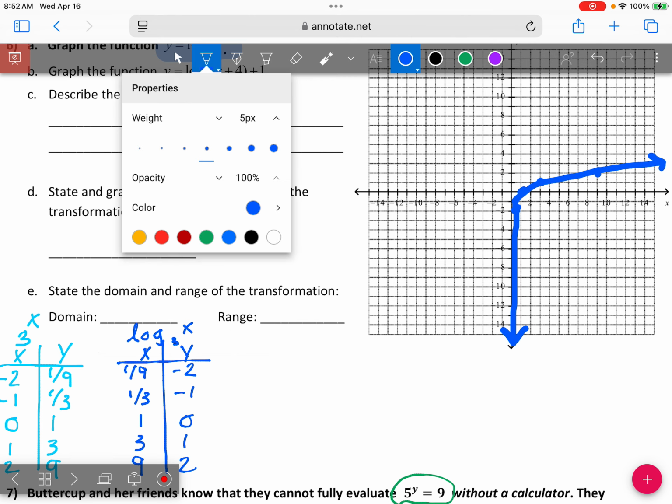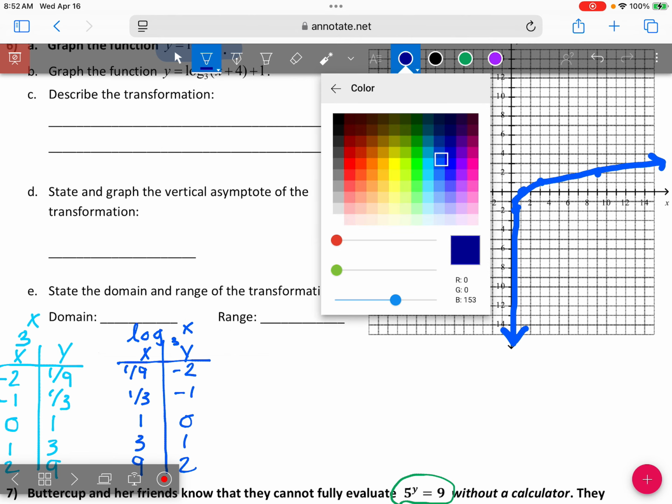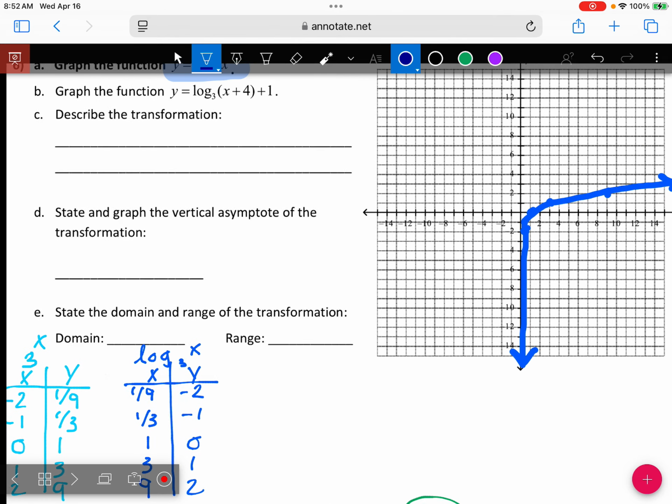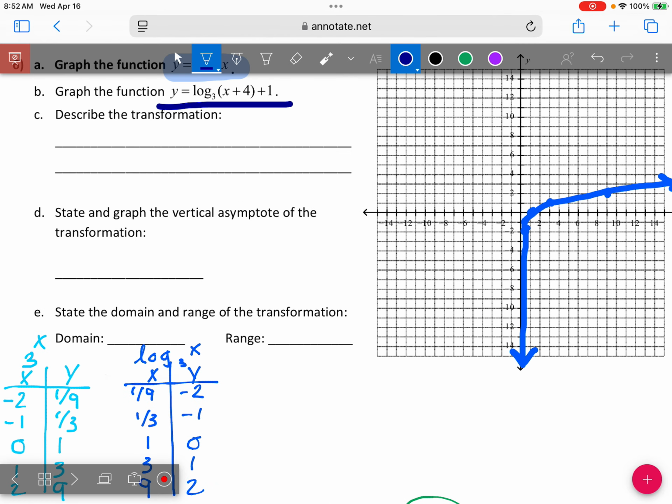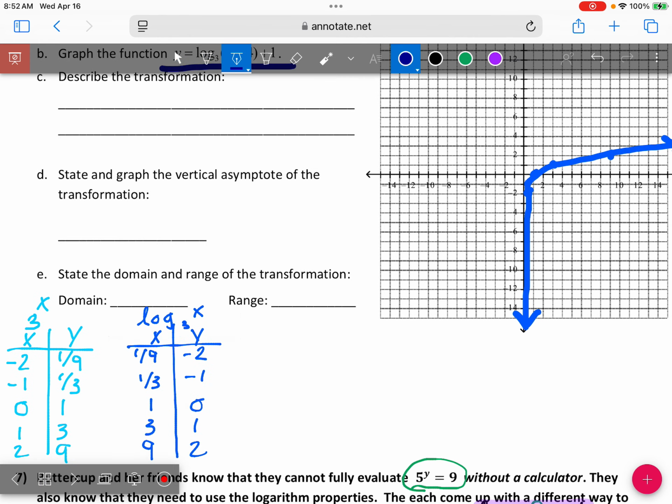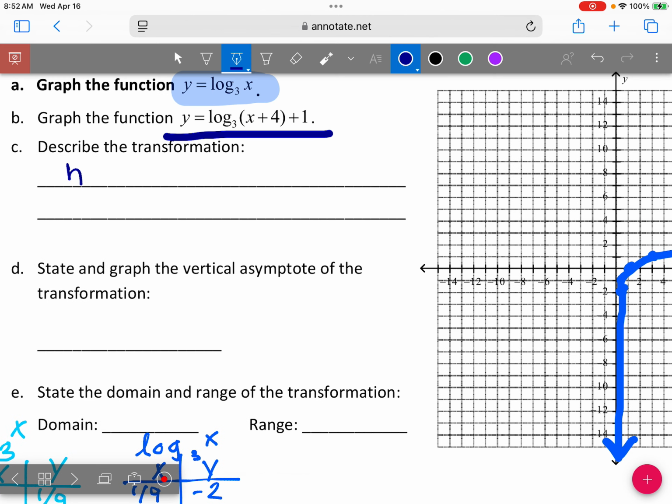To get our transformed function, again, I'm just trying to fly through this so we can get all the way to an answer here. That's when we find our transformations, just like we did in the earlier question, finding our a, h, and k. So our a is 1. Our h is what? What's our h? Careful. -4. Good. This is going to go left. And our k is that 1.